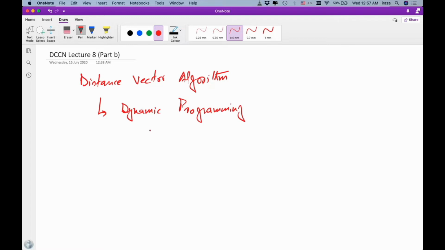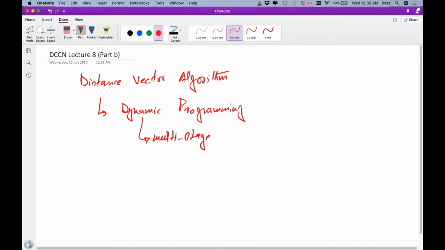I hope you might have covered dynamic programming in your design and analysis of algorithms class, but here, this word dynamic means multi-stage, or time-varying process.